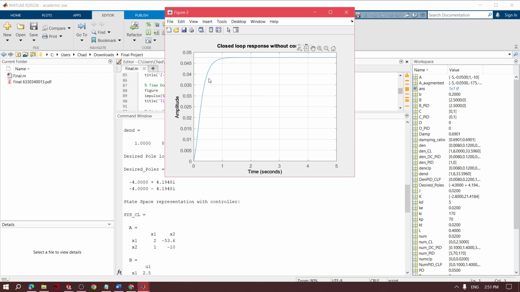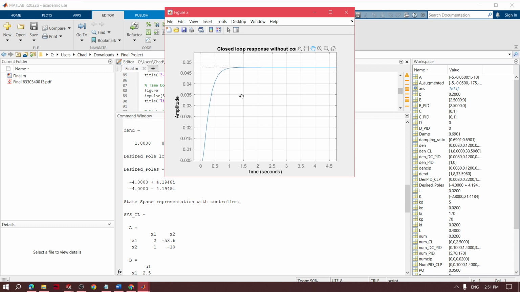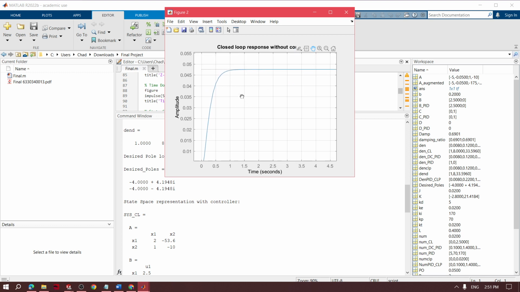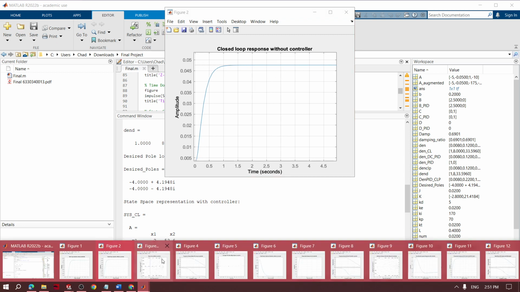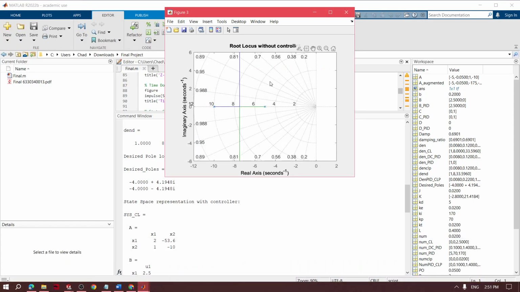It's 0.50 something, and the second one is the root locus without control.